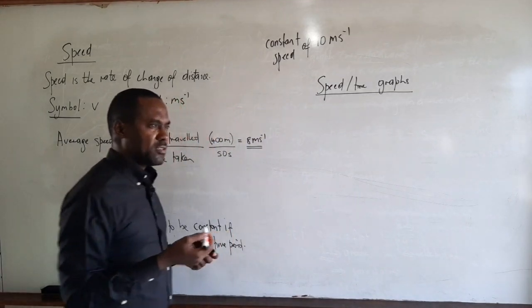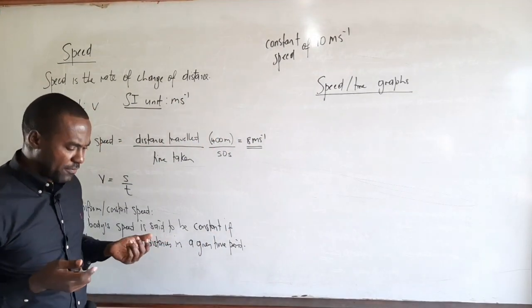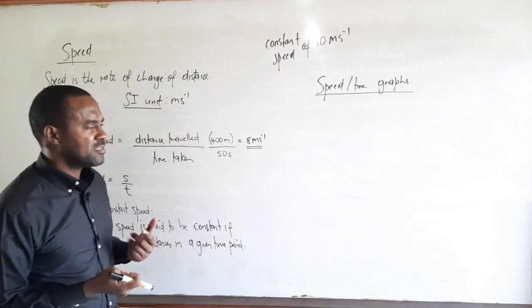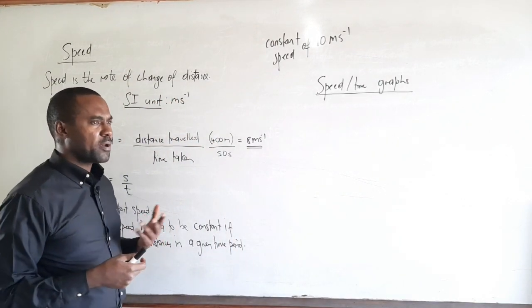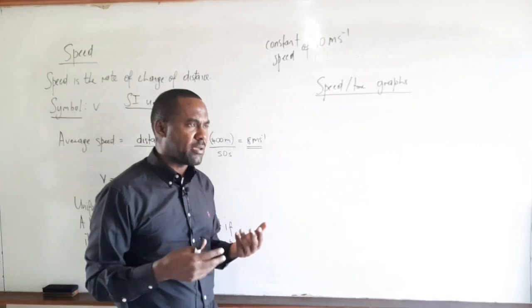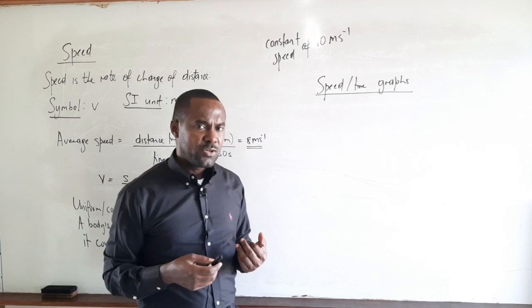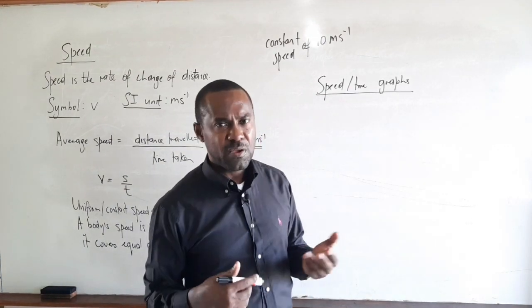Now, in previous videos, we would have looked at distance time graphs and displacement time graphs. A distance time graph is essentially a graph which shows how a body's distance traveled varies with time. Similarly, a displacement time graph shows how a body's displacement varies with time.